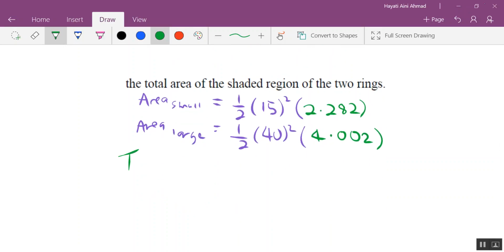So total area equals 556.725 plus 3201.6.